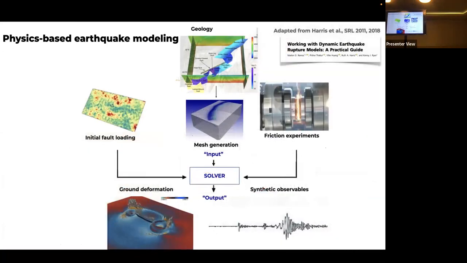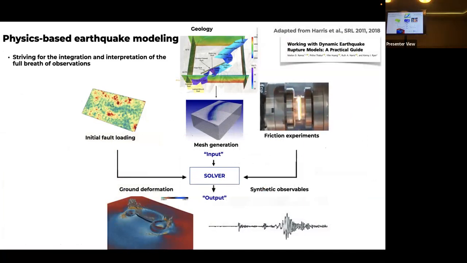Now, if we're doing that on the scale of real earthquakes, we can strive to fully integrate the observations that we can collect. And the typical workflow of these models is shown here. So we have geological information that can be 3D velocity models, topography, complicated fault structure being put together with rheology, on fault and off fault, for example, constrained on very different scales by friction experiments, and initial fault loading.